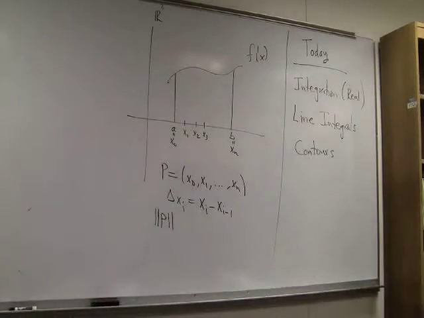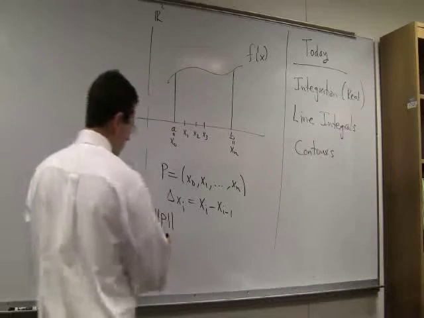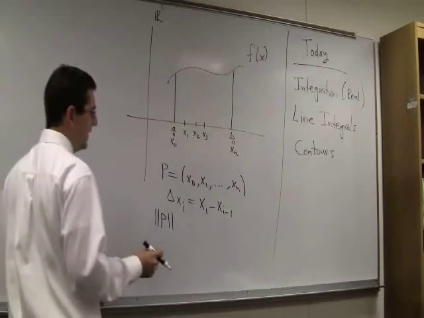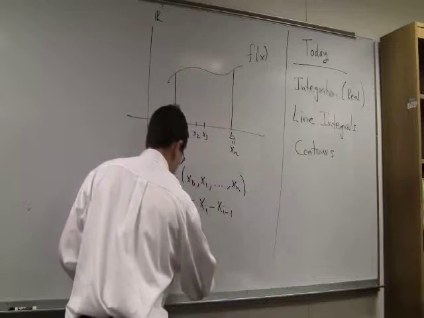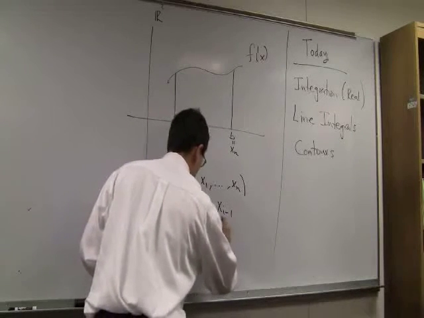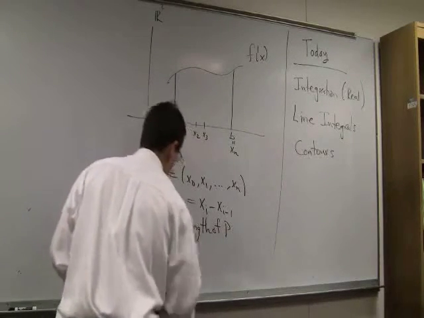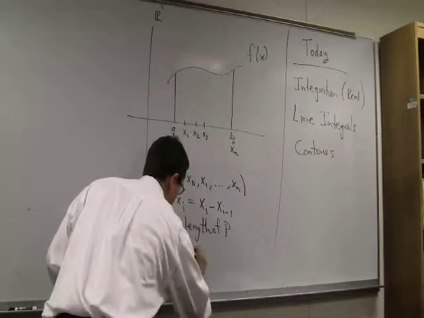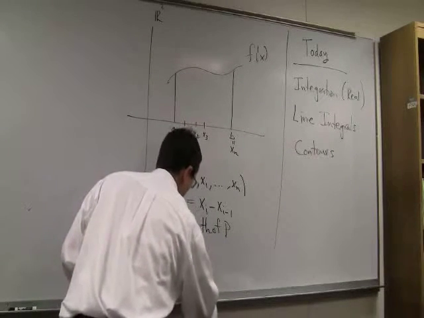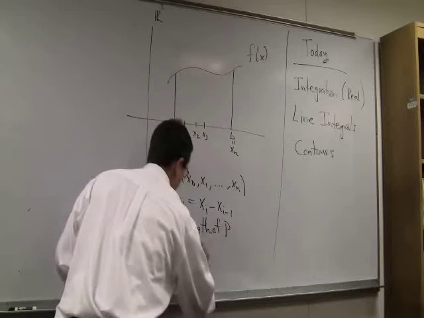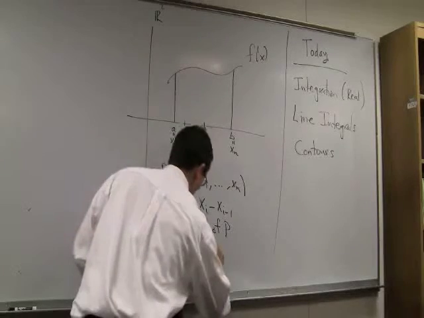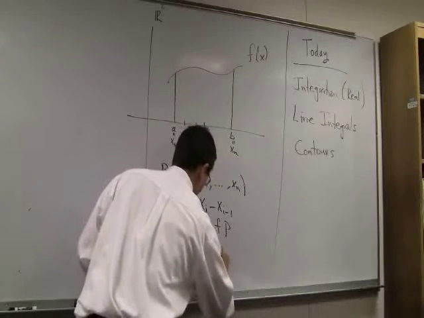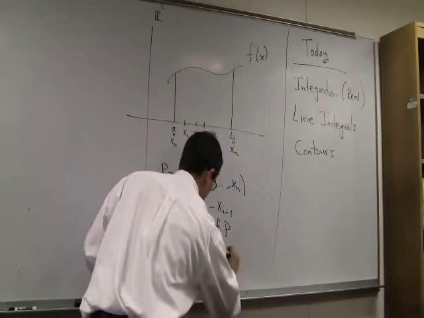And I'm going to use this double absolute value to denote the length of P. Okay? And by length here, I don't really mean like xn minus x naught. What do I actually mean? I actually mean it's going to be the maximum over all i equal 1 to n of these delta xi.